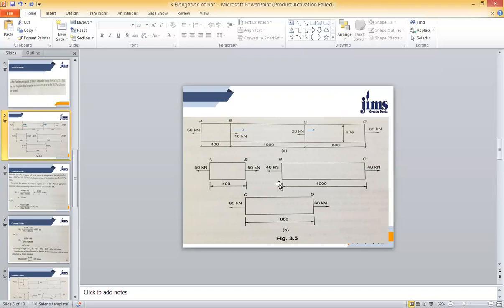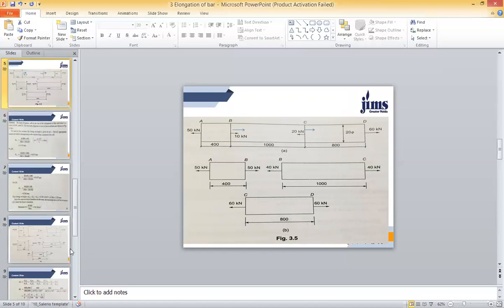But if there is any compressive force, then we have to subtract that amount of elongation, because due to compression of the load, the member is compressed. So the elongation is negative. You have to remember that if there is compression, then you have to subtract that elongation. I hope you'll get it.